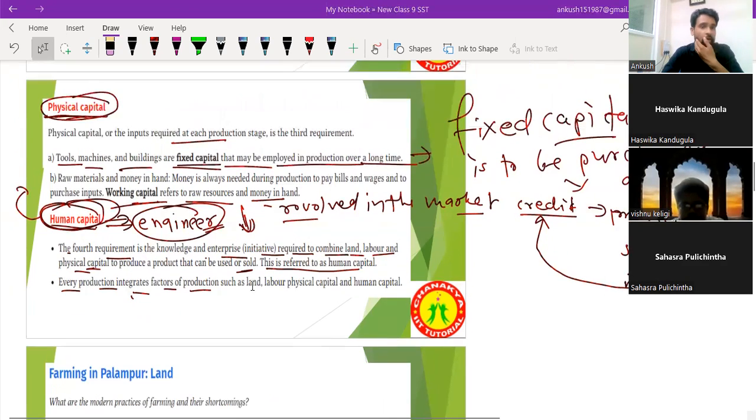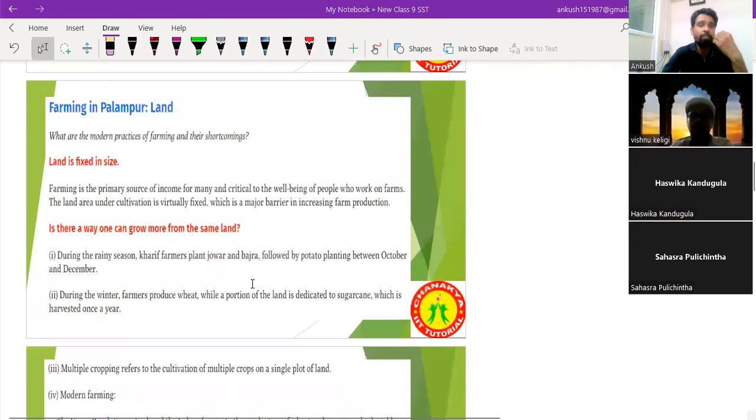Yes, sir. Now let us understand the farming in Palampur. What kind of things are being taken there? The agricultural activity. When we say farming, it means we come to know about the raw material.